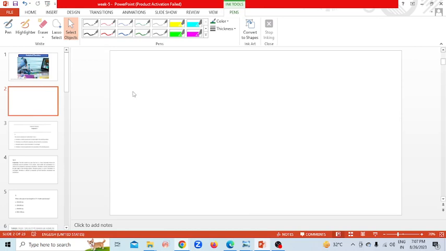Second is absorbance. Absorbance is equal to minus logarithm of T, or A is log 1 upon T. From here you can understand that T is for transmittance and A is for absorbance. As absorbance increases, transmittance decreases, and as transmittance increases, absorbance decreases.